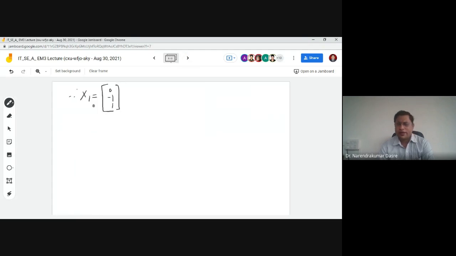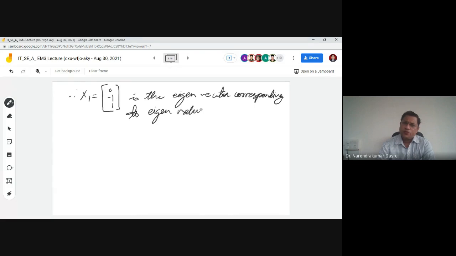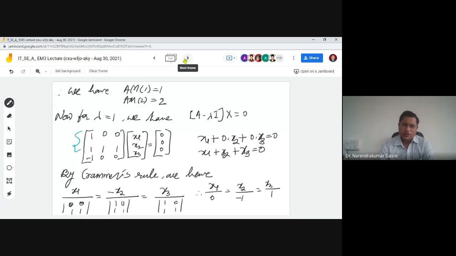Now tell me how many eigenvectors you are getting corresponding to the eigenvalue lambda is equal to 1.